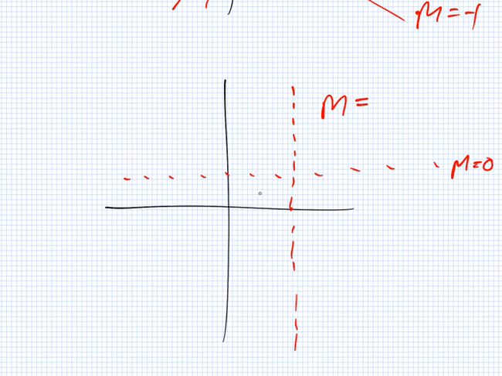Now, before you write it down, let me just go back to the last example here. Let's check it out. So look at the m. m equals y2 minus y1 over x2 minus x1.